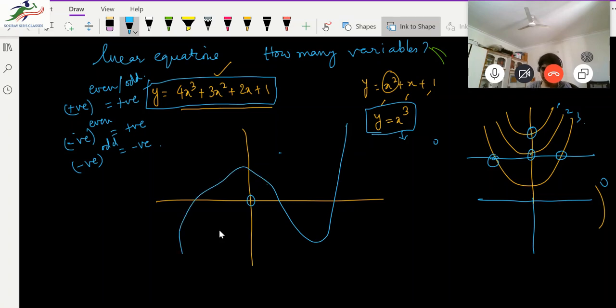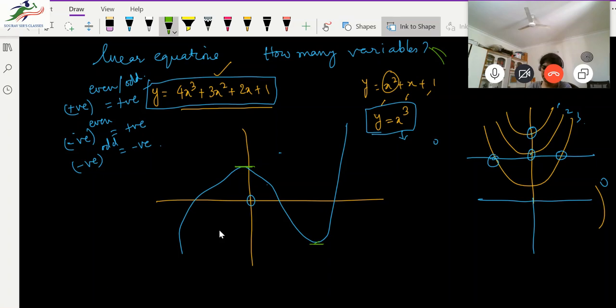So it will have both a minima as well as a maxima. These are local minima and local maxima, but the curve will have a minima and a maxima, right?